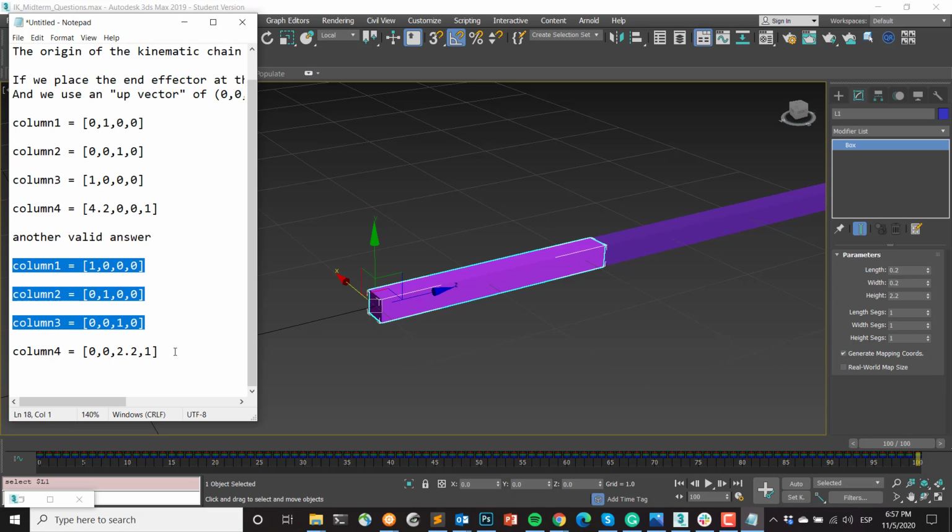Some people even wrote, not only columns, but some people were literally saying, oh, there's no rotation because this is the kinematic chain. They were basically explaining that L2 doesn't need to rotate with respect to its parent, and so on. But in column 4 they had a problem. So some people, for example, gave us 0, 0, 0, either with 0 or 1 in the last column.